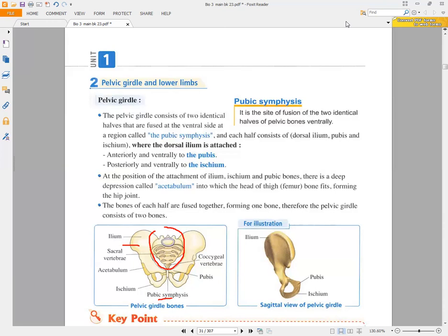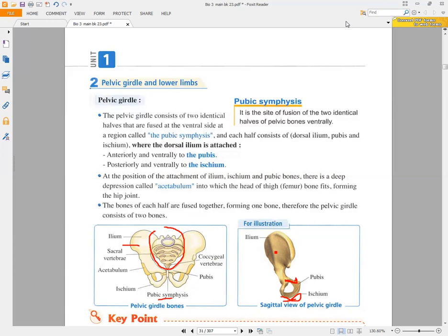We will have the pubis, which attaches from the ventral but anteriorly. And also you will find the ischium, which is attached to the ventral part but posteriorly. So the dorsal ilium is attached anteriorly and ventrally to the pubis, and posteriorly and ventrally to the ischium, okay?